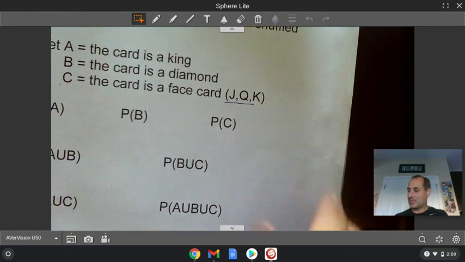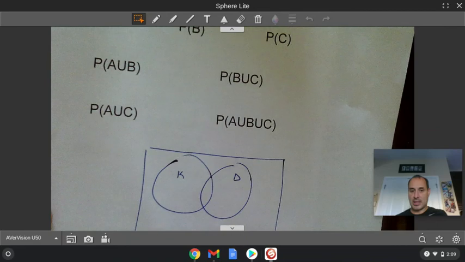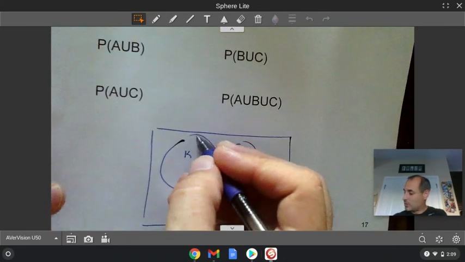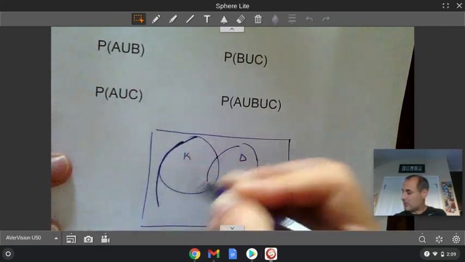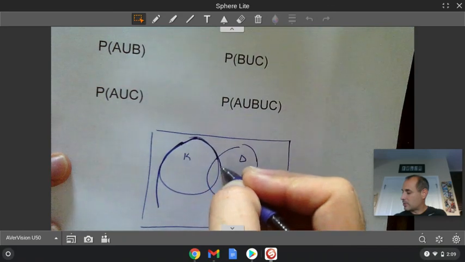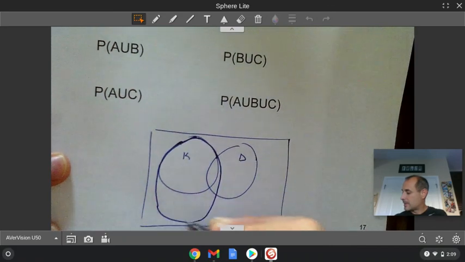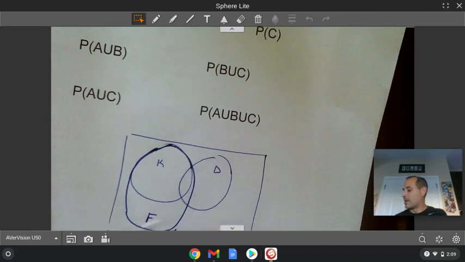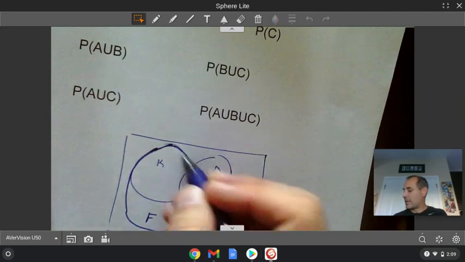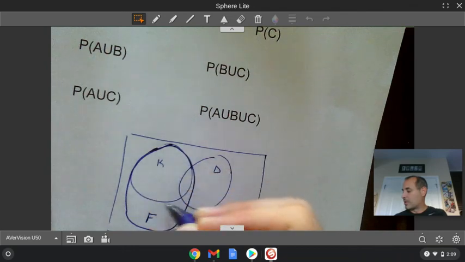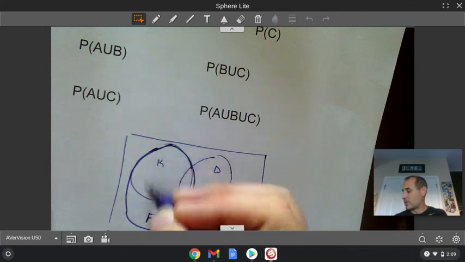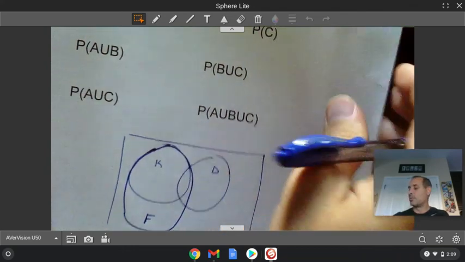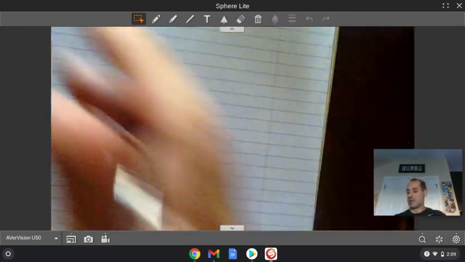That is an event that includes kings. So here's what I'm going to do. Face card. Because my face card includes all of these kings, right? That's a really poor drawing. Let me draw that again.